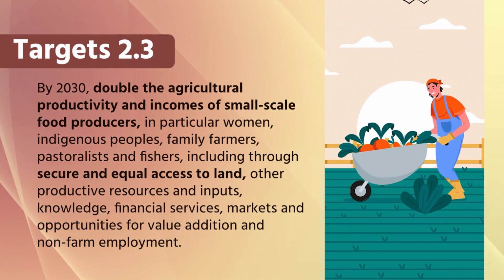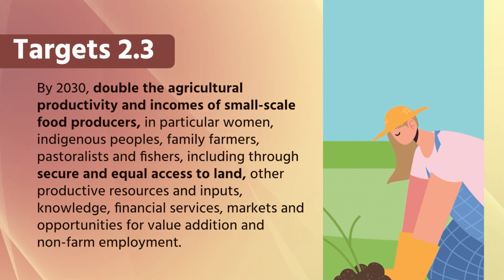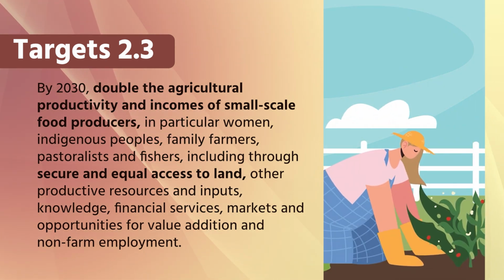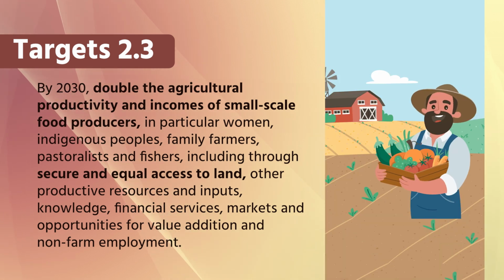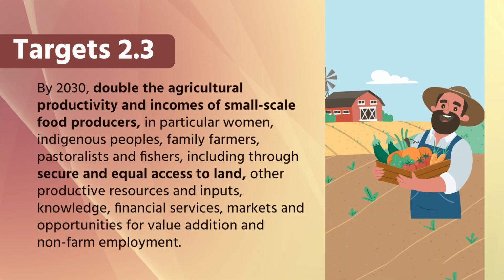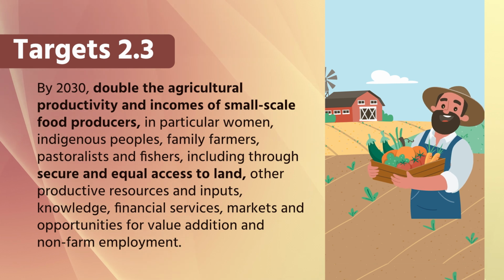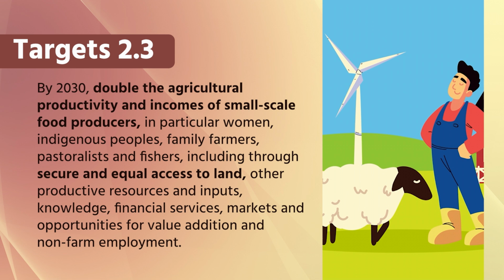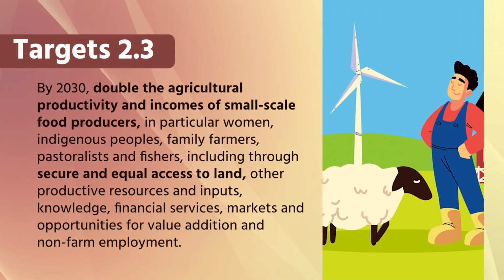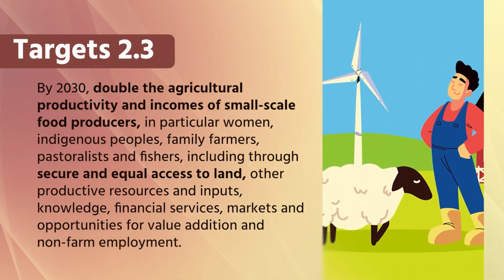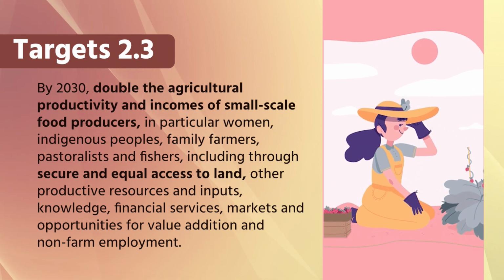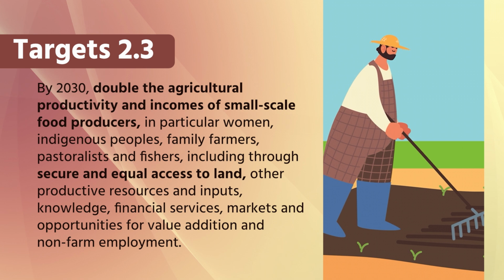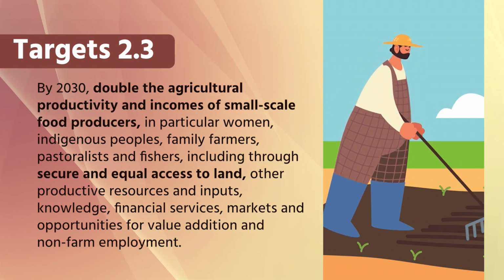So doubling the agricultural productivity and incomes of small-scale food producers, particularly women, indigenous people, family farmers, pastoralists, and fishers, including through secure and equal access to land, because farming is directly related to access to land, and other productive resources and inputs, knowledge, financial services, markets, and opportunities for value addition and for employment. We must try to double this by 2030.